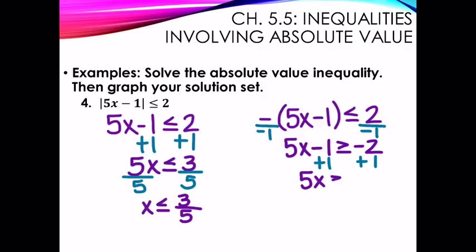So 5x is greater than or equal to negative 2 plus 1, which is negative 1. We're going to divide by 5 on both sides. So x is greater than or equal to negative 1 divided by 5, which does not simplify or reduce, so it will just be negative 1 over 5.